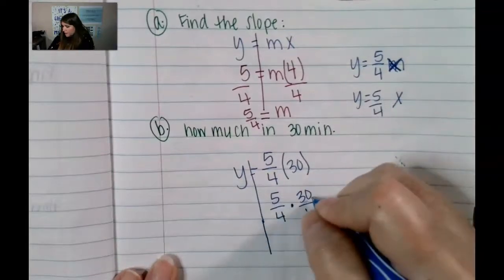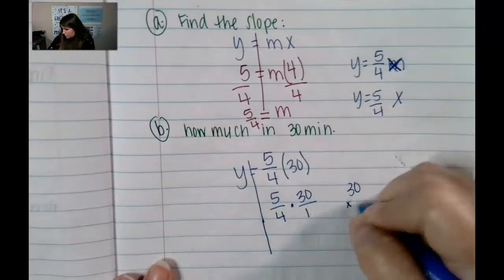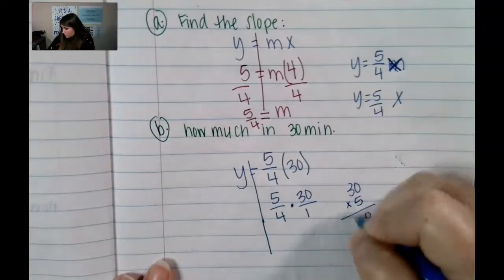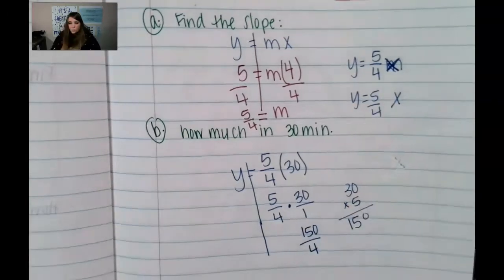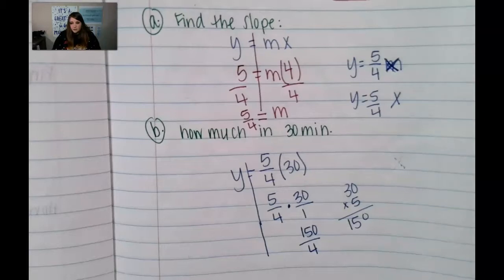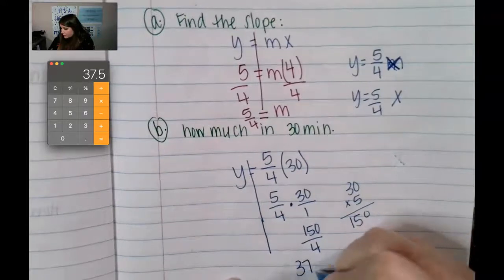Okay, 5 times 30 is 150. So this equals 150 over 4, and 150 divided by 4 equals 37 and a half.